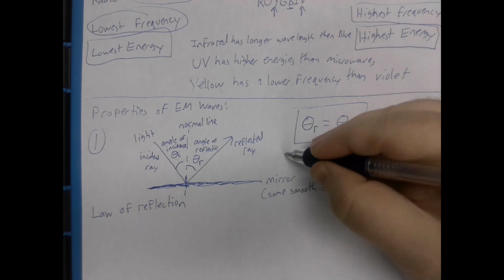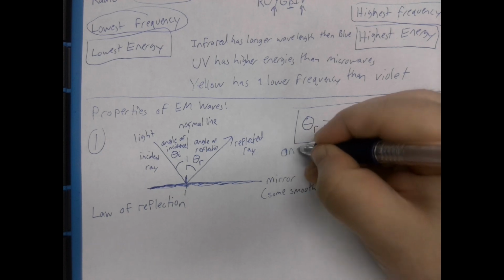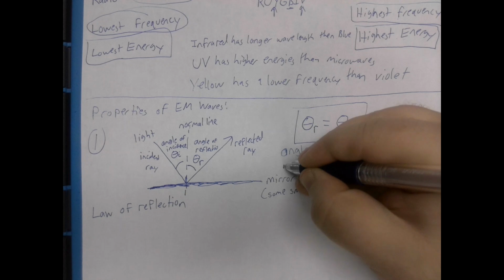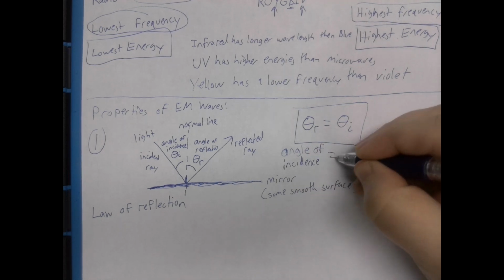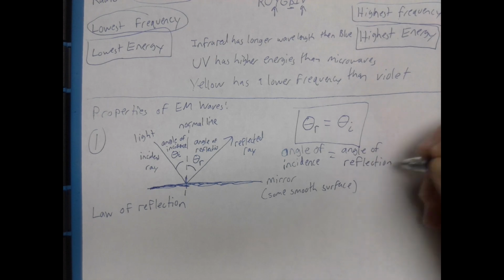So the angle of incidence equals the angle of reflection. And if you haven't ever seen the symbol, it's theta, the Greek letter, I believe.